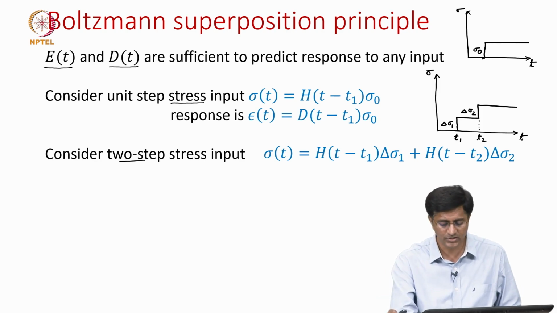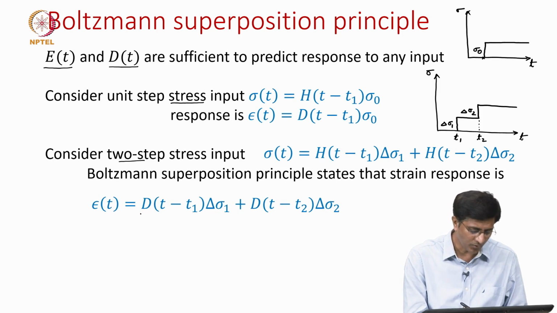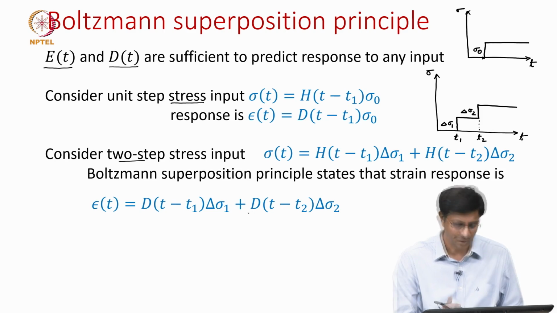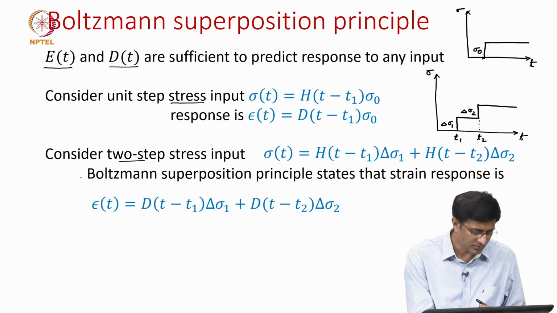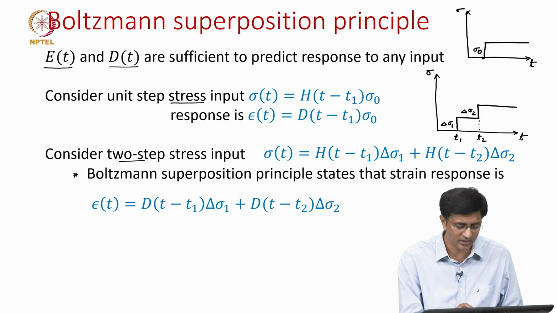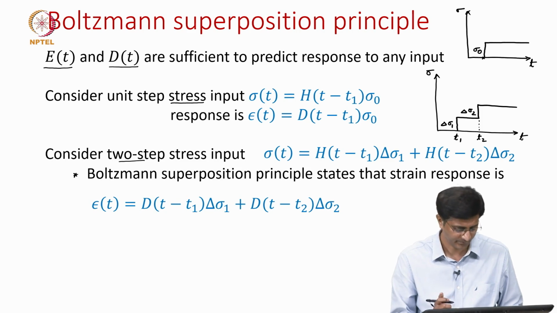because the strain response is simply the summation of the creep compliance from the first stress input plus the creep compliance from the second stress input. This is possible because of the Boltzmann superposition principle, which states that the strain response can be written as the sum of these two responses to the unit step stress inputs.